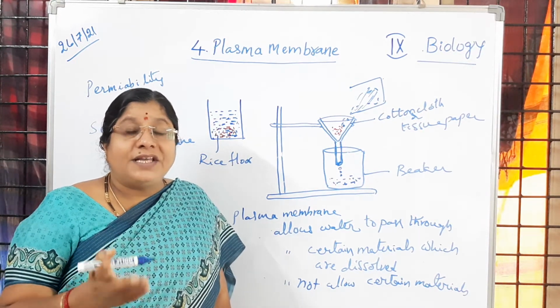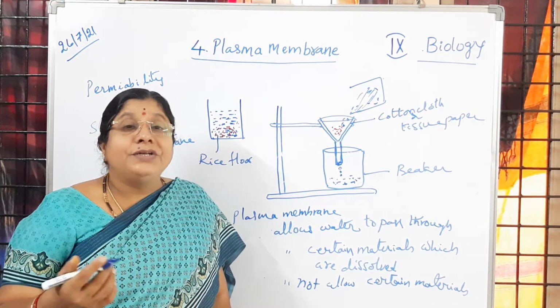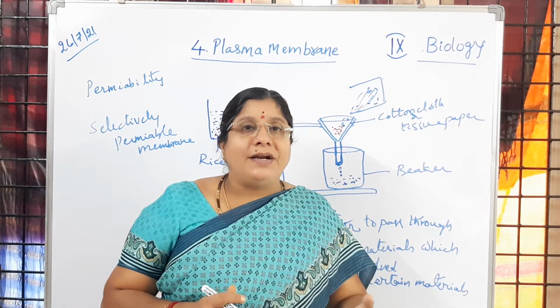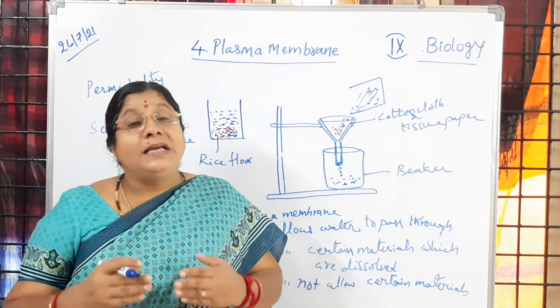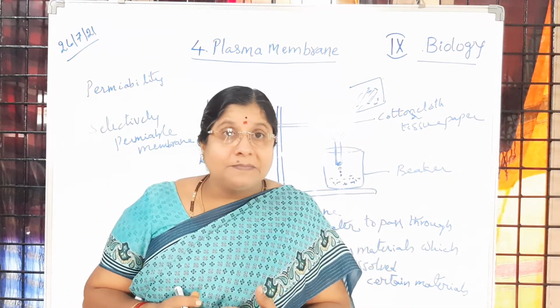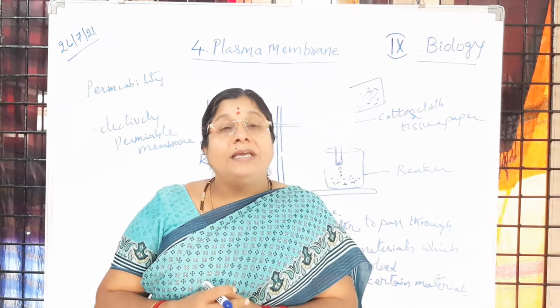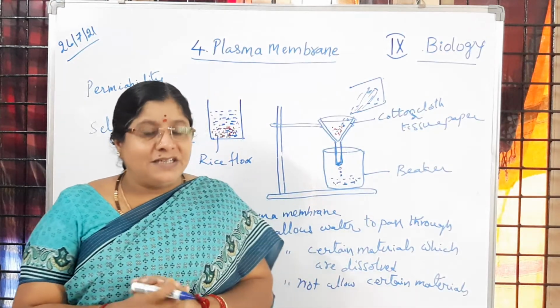In that way the residue is collected, and only tea or coffee is served. Is it not, children? That process we call filtration, and the filtration process also happens in the living system. So osmosis, filtration and diffusion are also going to happen in the living system through the plasma membrane. Is it clear to you?